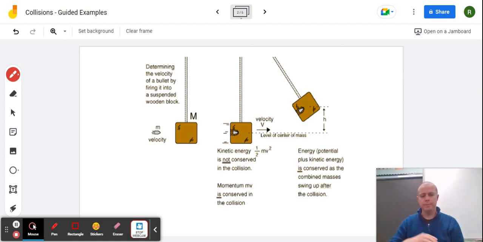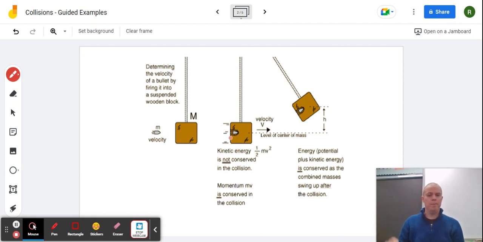And using this information, you can figure out how fast the bullet was going. Because it's an inelastic collision, the kinetic energy is not conserved in the collision, but the momentum is. However, once the bullet is embedded and they start moving together, then the energy is conserved.